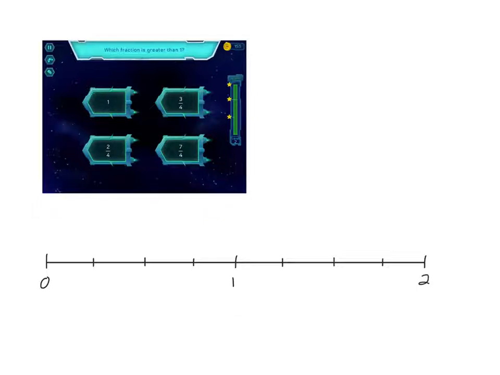So I'm going to plot that on here and call that letter A. Letter A is the number 1. I'm looking for where is B, 3/4. Well, 3/4 would be right here. That's 3 out of the 4 sections. And C would be 2/4. 2/4 is exactly the same and equivalent to 1/2.